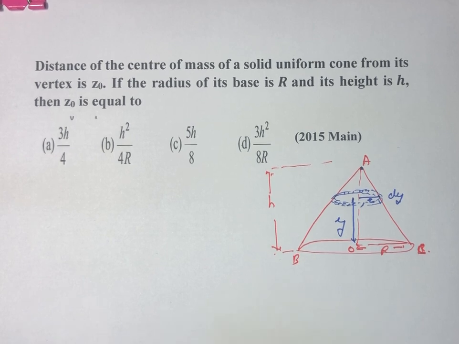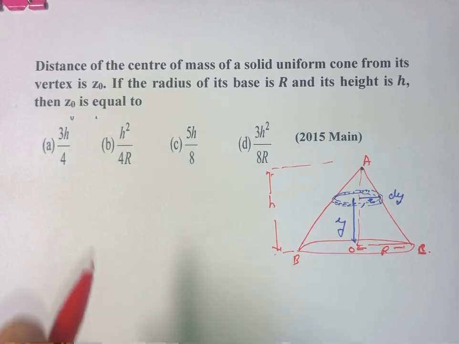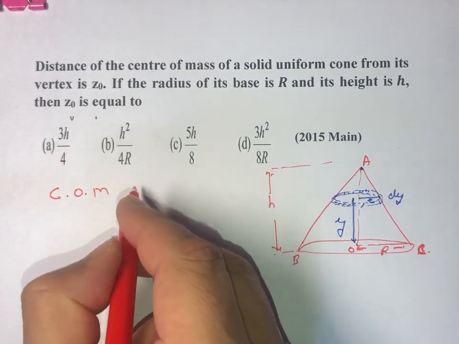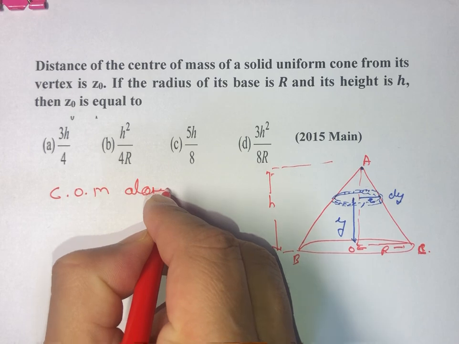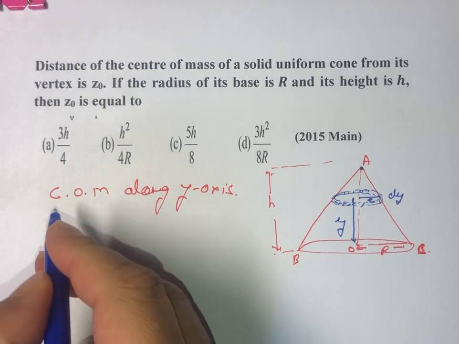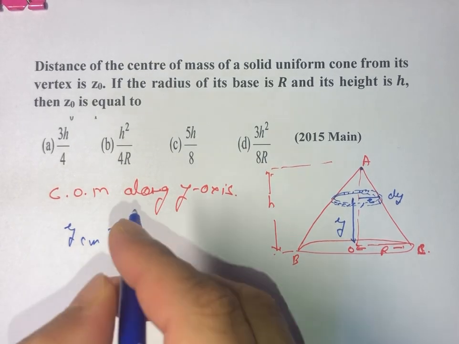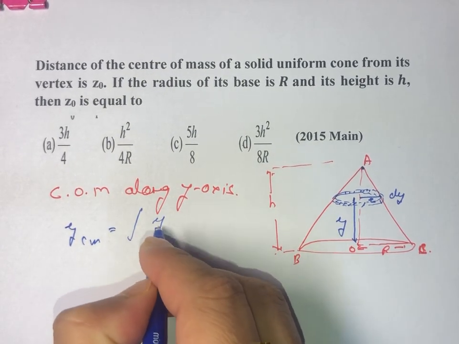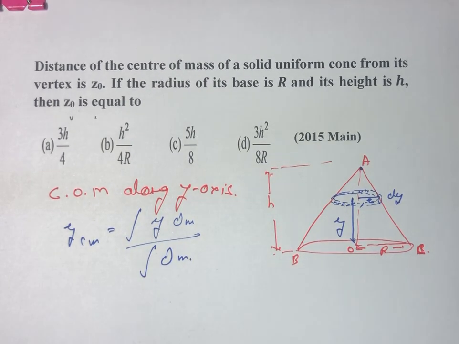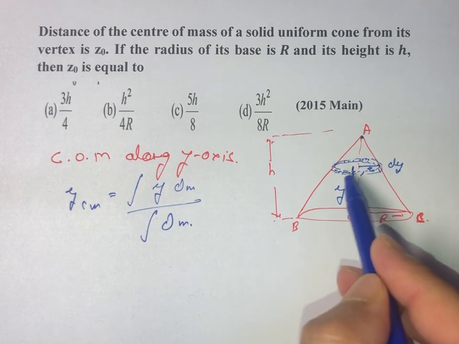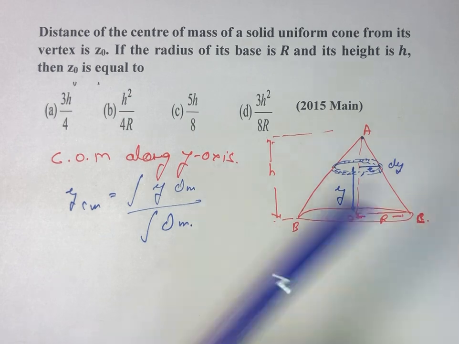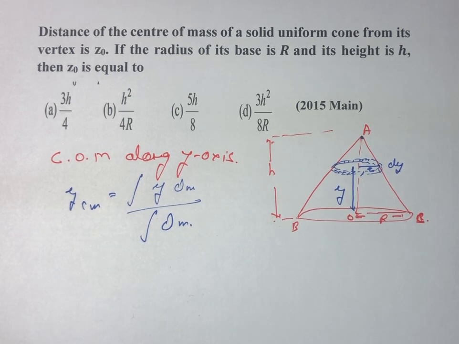Therefore we know the formula that the center of mass along the y-axis, ycm, is the integration of y dm divided by the integration of dm. So this dm is the mass of this small disk, and we are going to integrate with respect to the limits and we are going to get the center of mass along the y-axis.